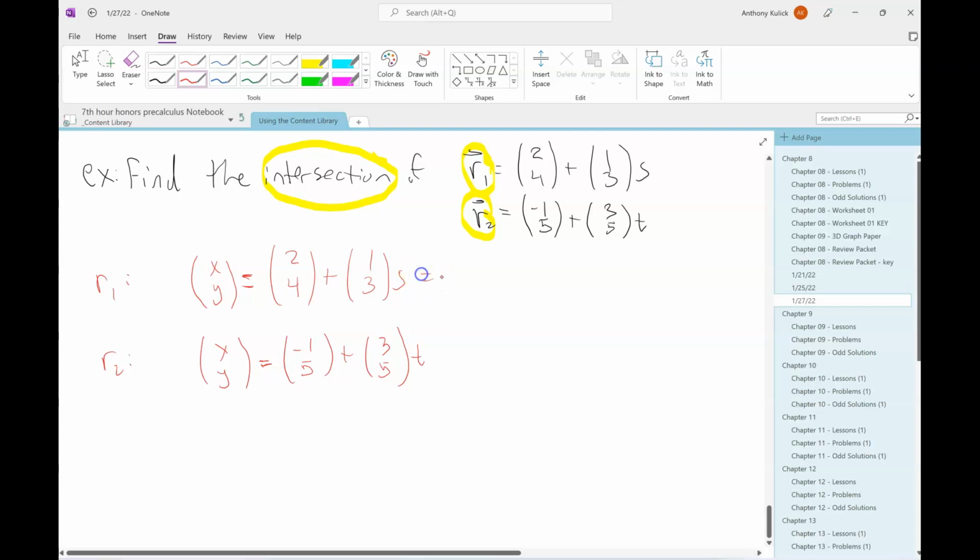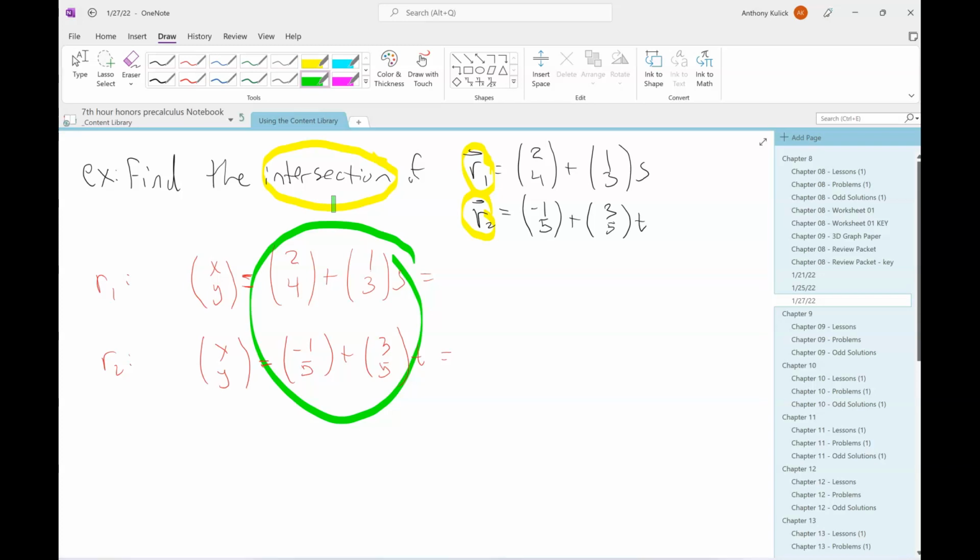What I'm going to do now is I'm going to just take this side of my vector line equation and perform the vector operations. I'm going to do the scalar multiplication and then the vector addition to write that side as a single vector.